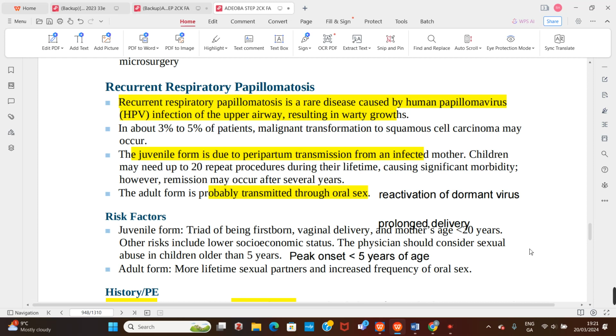So if it's more than 5 and the person is just developing it, there's a high tendency that that child is being molested sexually. For the adult form, people that have multiple sexual partners and practice oral sex have a very high tendency of developing the condition.